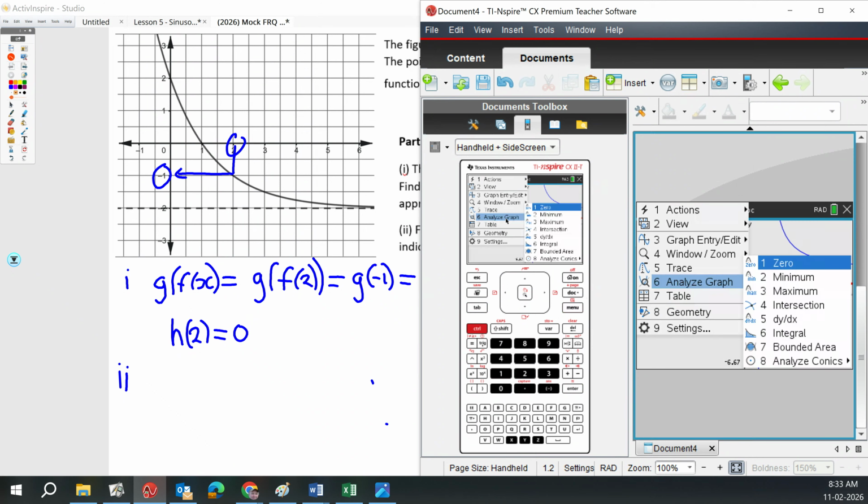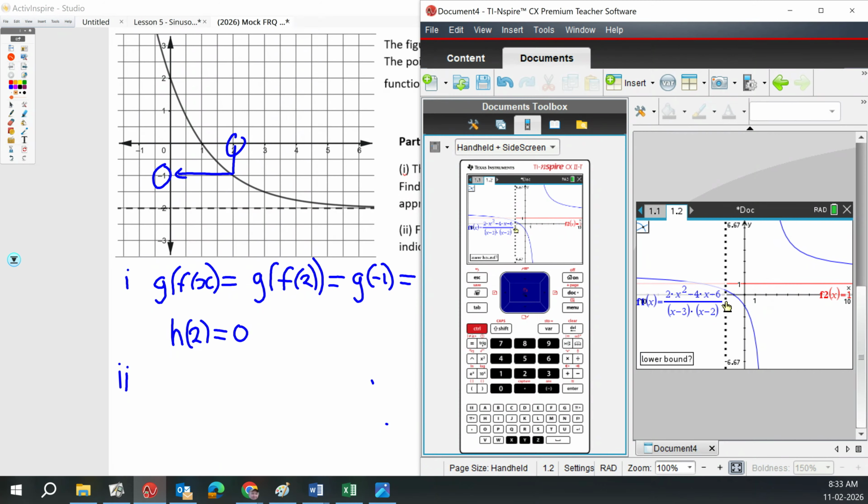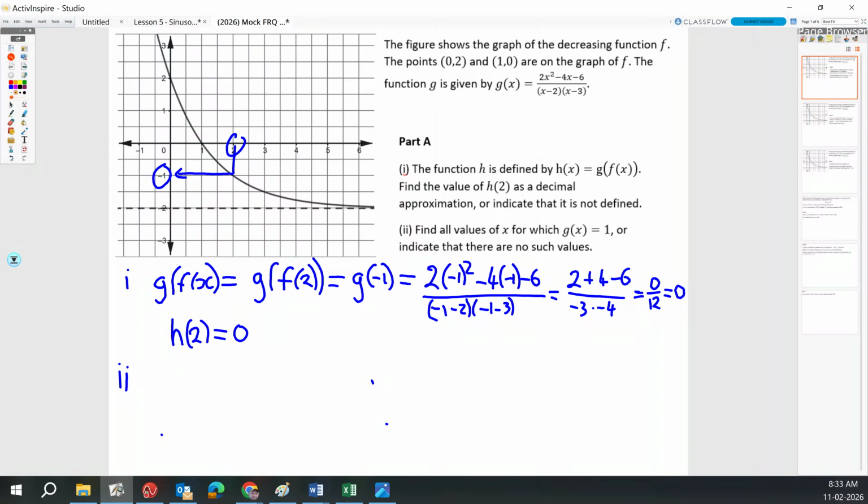We are going to analyze the graph and find the intersection. So the answer is going to be minus 4. Make sure we get that answer. We have to show it algebraically.